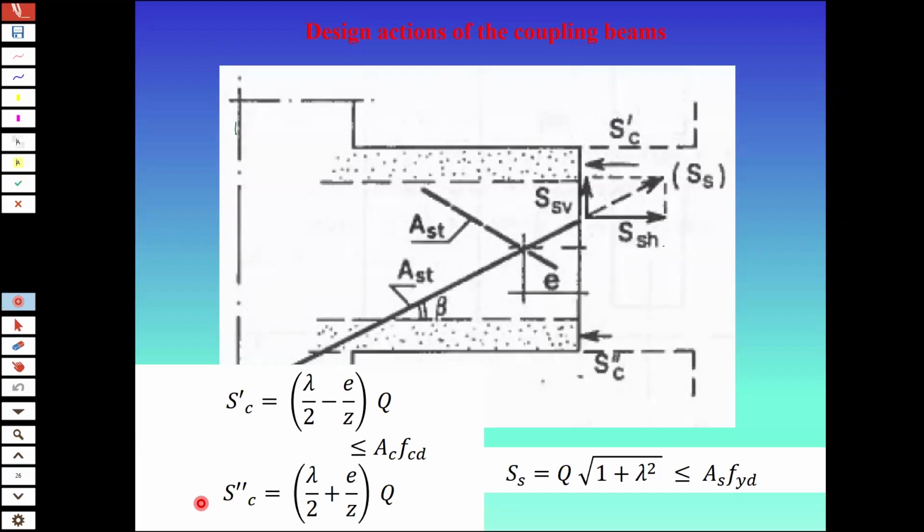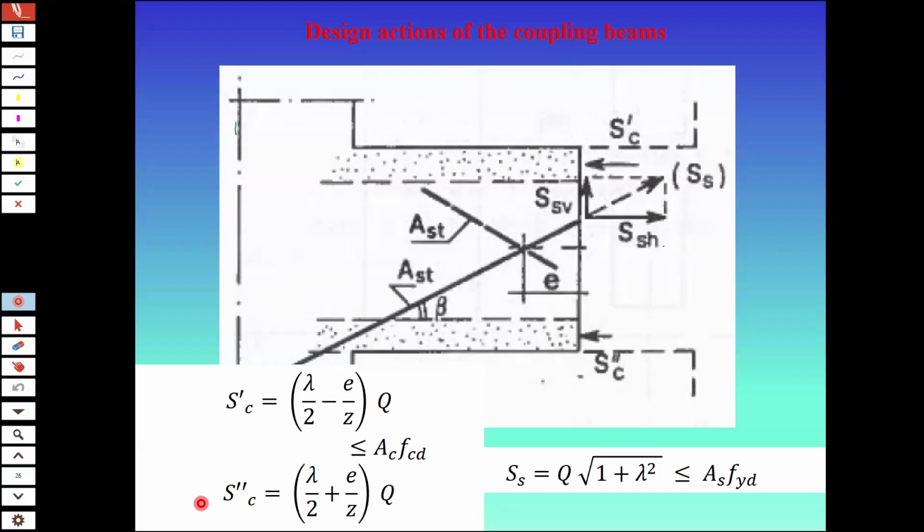Very simple. So you have a vertical force Q, which is the one that we have to calculate. This is the force in the steel. The vertical projection of this force must be equal to the force Q. So the vertical projection is this times the sine of this angle, and you correlate to the slenderness of the beam. But there is another assumption.